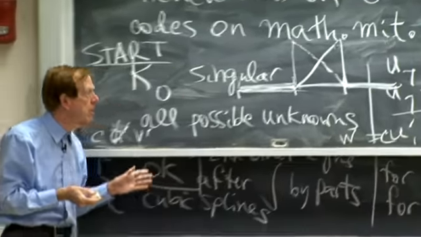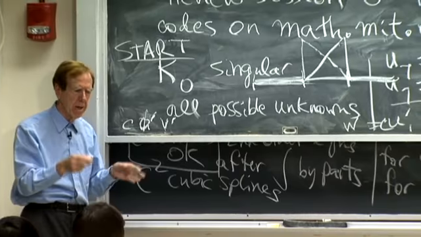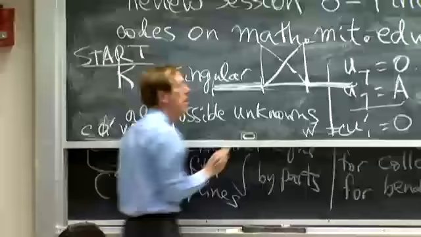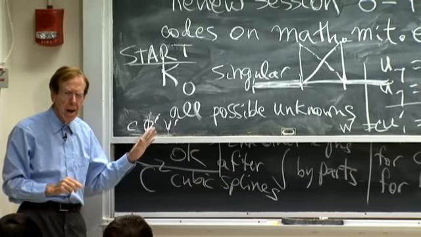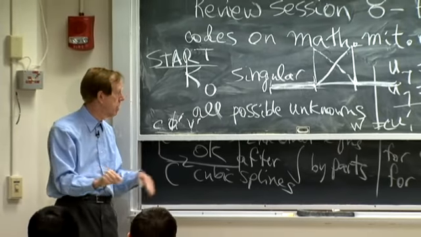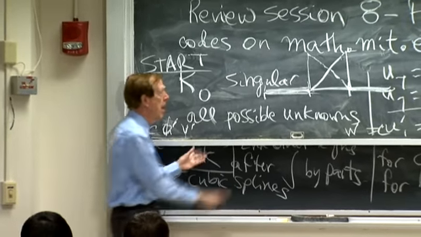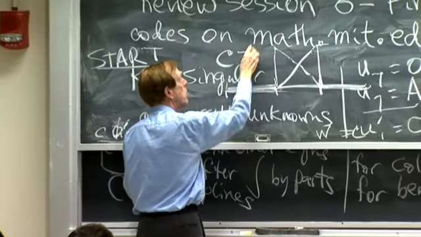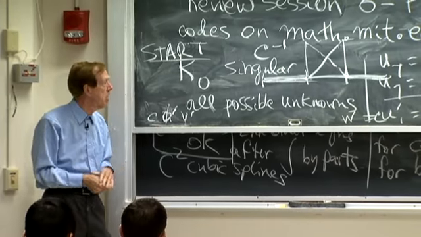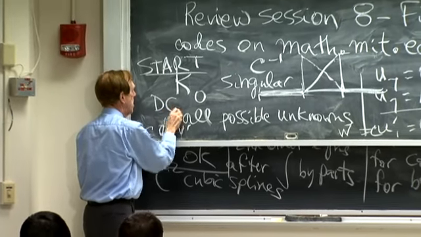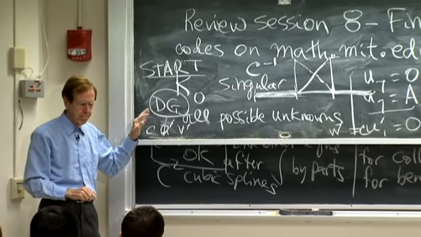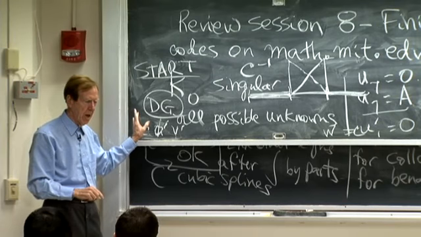Do you see what's happening now? My space of trial functions is going to have jumps. Up to now, all my ordinary hat functions were all continuous. They were all C0. Now I'm dropping back to C minus 1. Somehow my functions have jumps. So this is called DG, discontinuous Galerkin. How could it be justified?